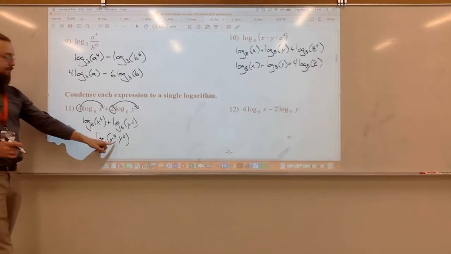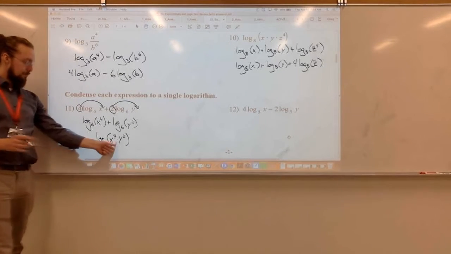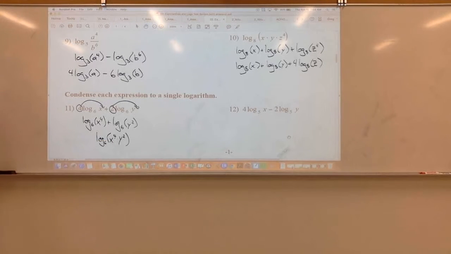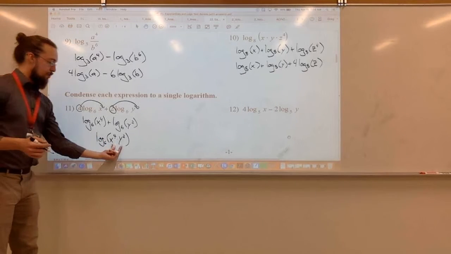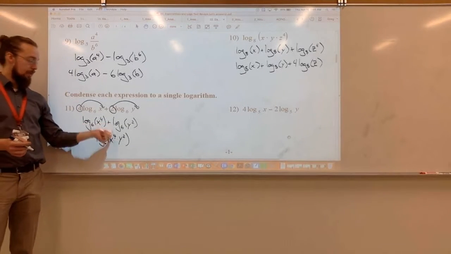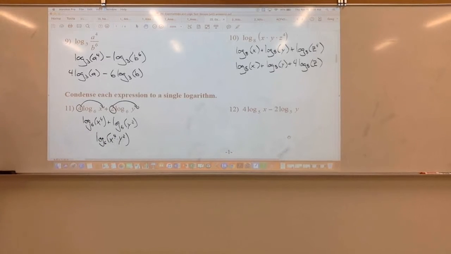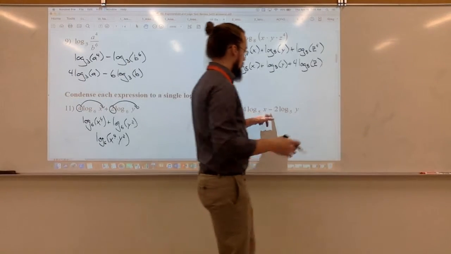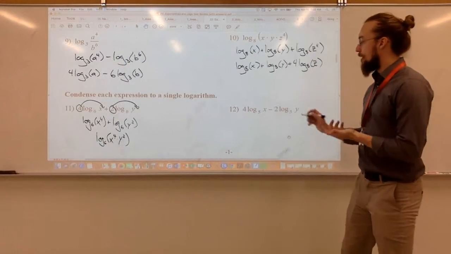Okay? I've seen some people making this an addition sign on the inside. Make sure that you're not adding these two things together when we combine the logs. If we're adding two logs together, that becomes multiplication on the inside. Then the other one, I'm subtracting, so I will end up dividing what's on the inside.